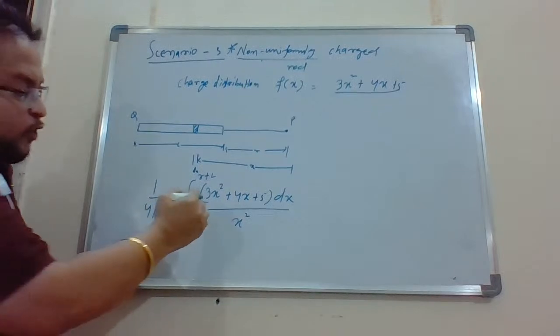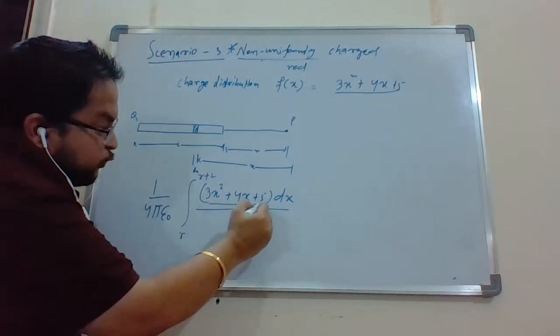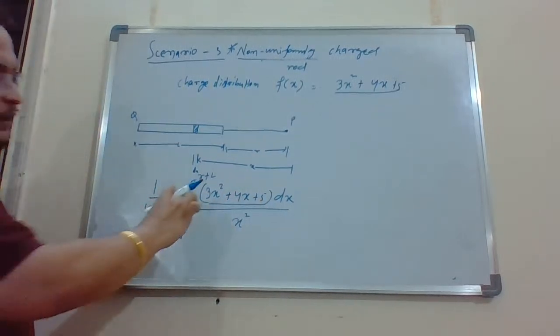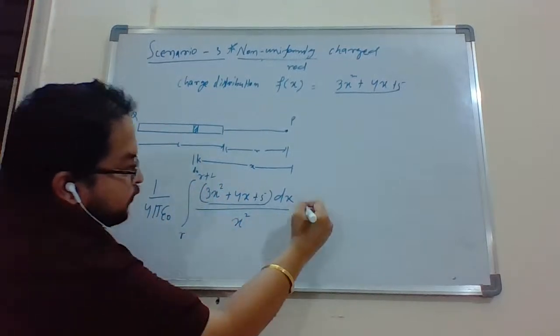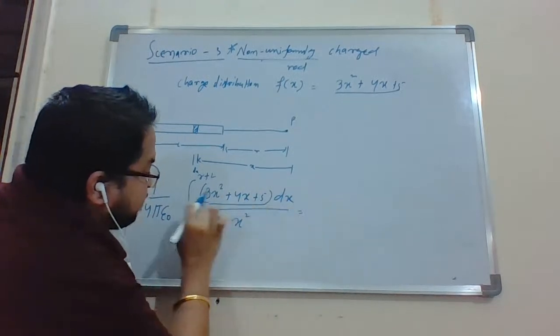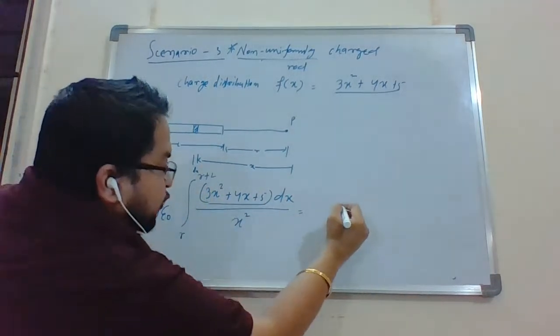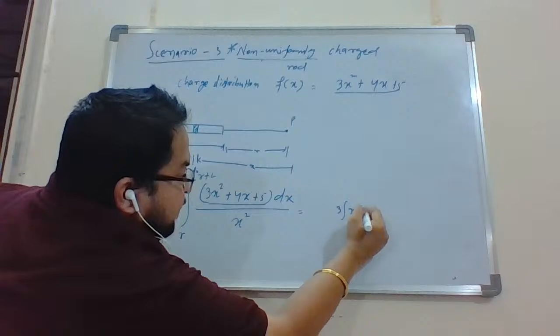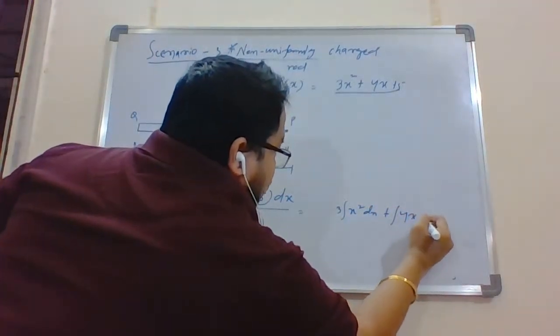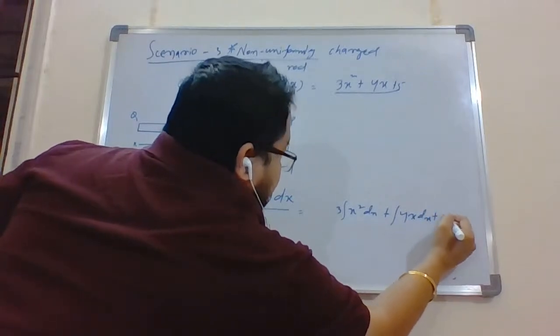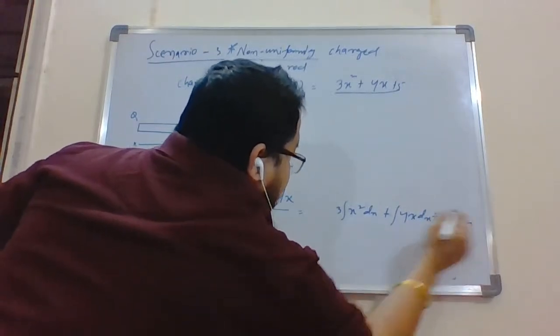Now obviously you need to use your integration formula here, that you can divide it into smaller segments, right? So integration of 3x squared dx plus integration of 4x dx plus integration of 5 dx.